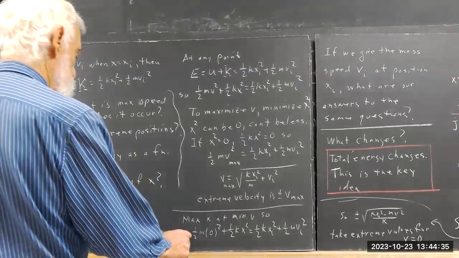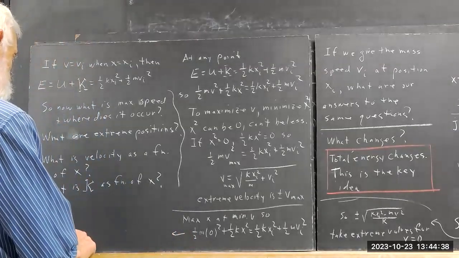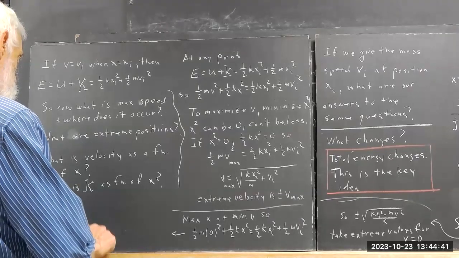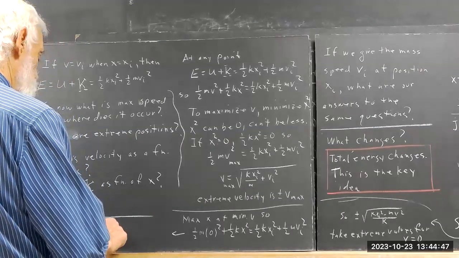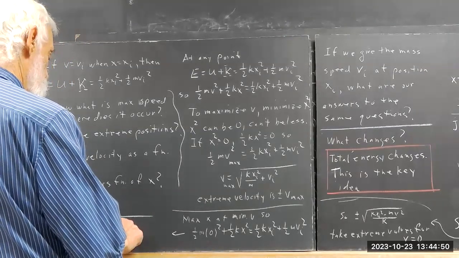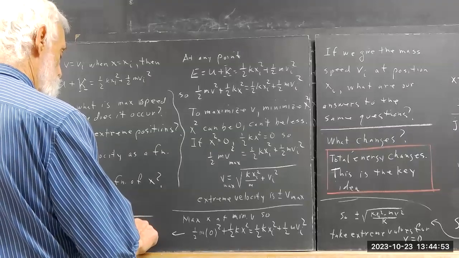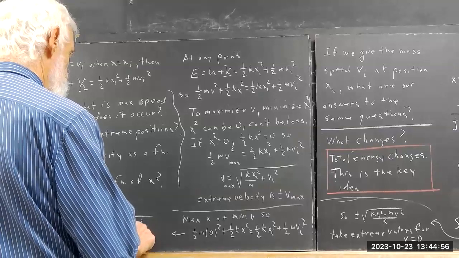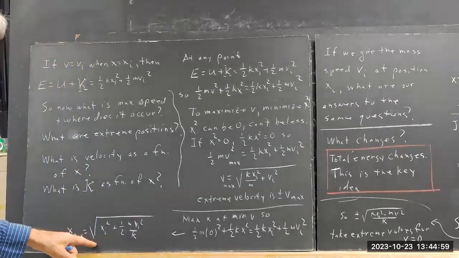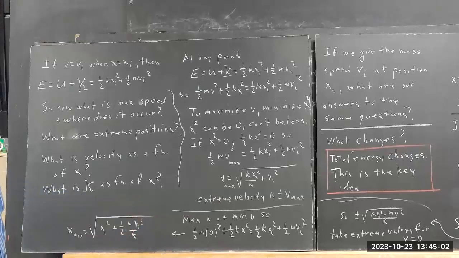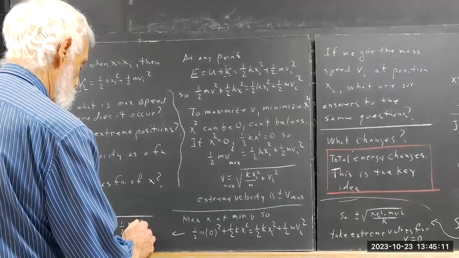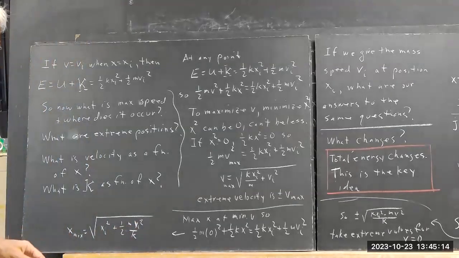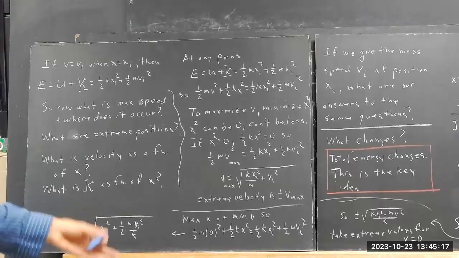Then you get x_i squared plus one half m v_i squared over k. Everybody get that? Did the arithmetic right? That's what you would have gotten. Their extreme positions are plus or minus that.